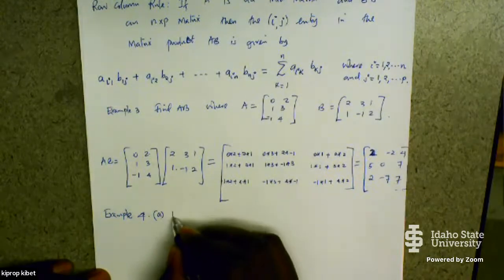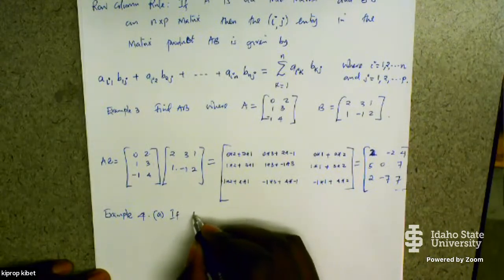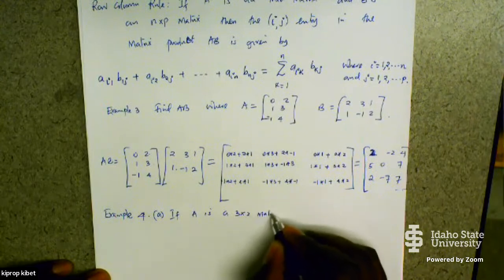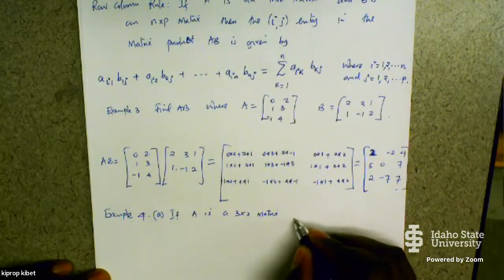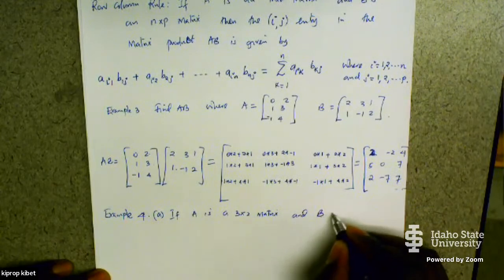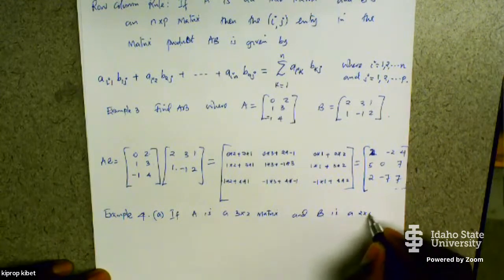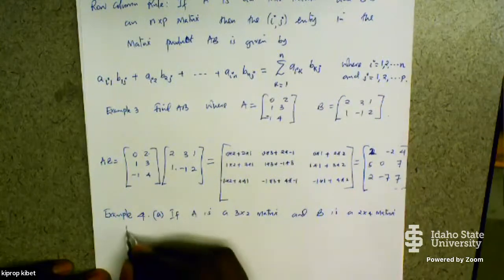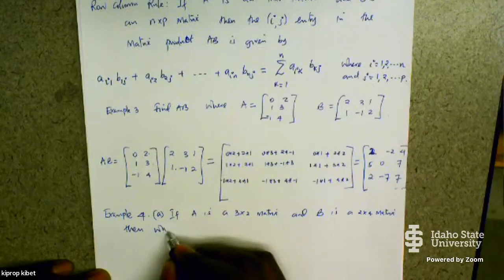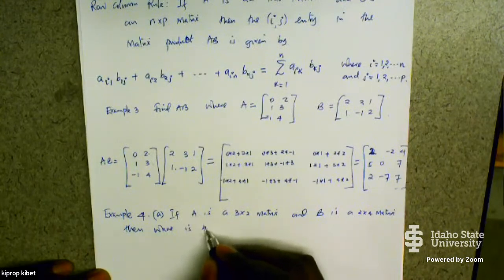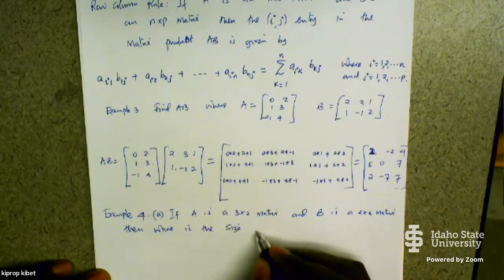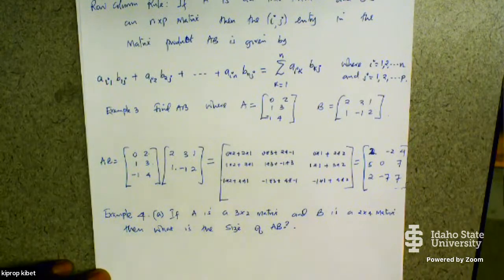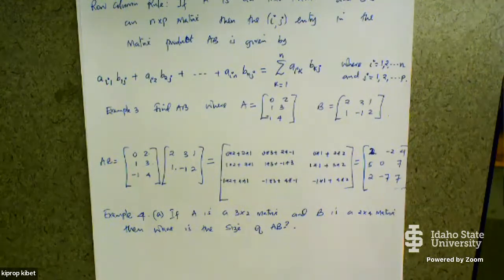So the first one, if A is a 3x2 matrix and B is a 2x4 matrix, then what is the size of AB? What is the size of AB?